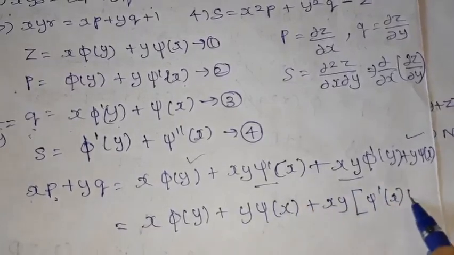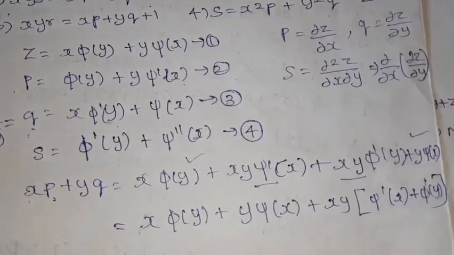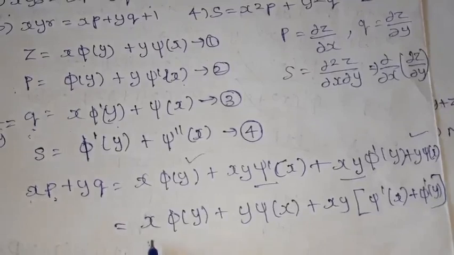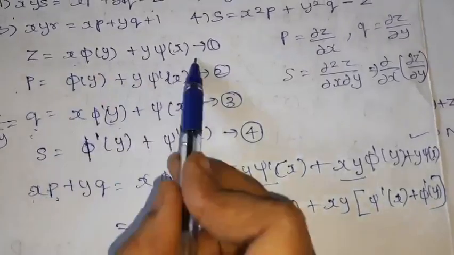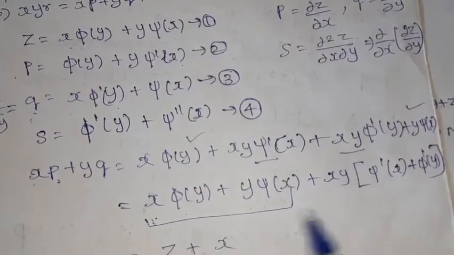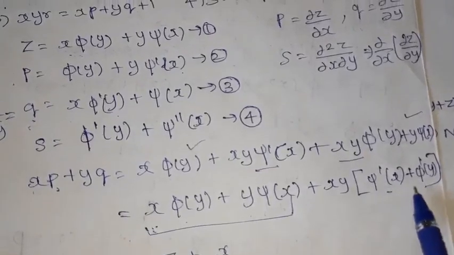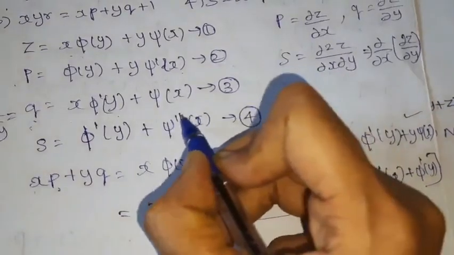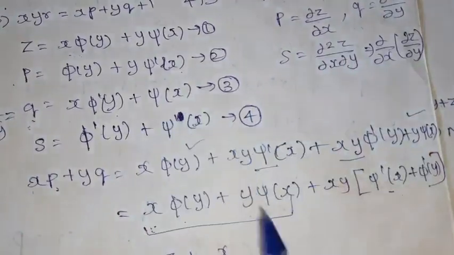Psi dash of x plus phi dash of y, right? See here, x phi of y plus y psi of x equal to z, right? So z plus xy into psi dash of x plus phi dash of y. Sorry, not phi double dash, psi dash of x only.